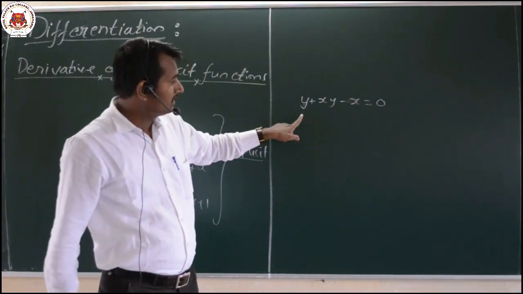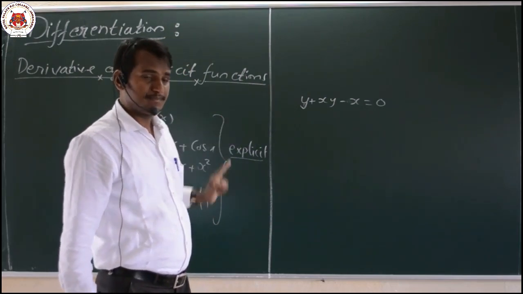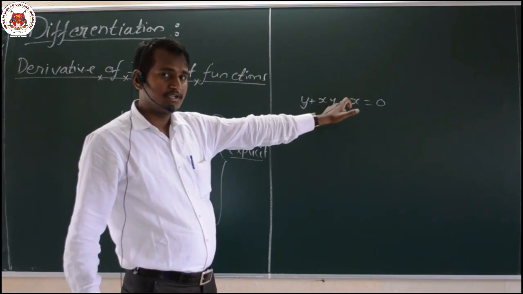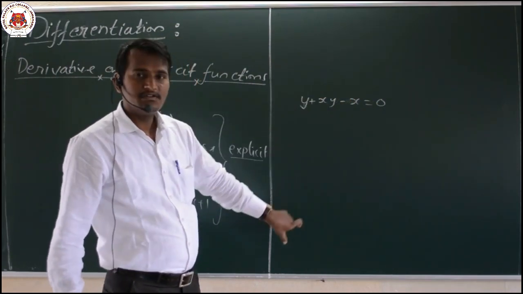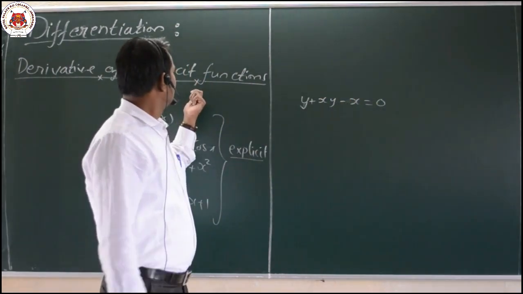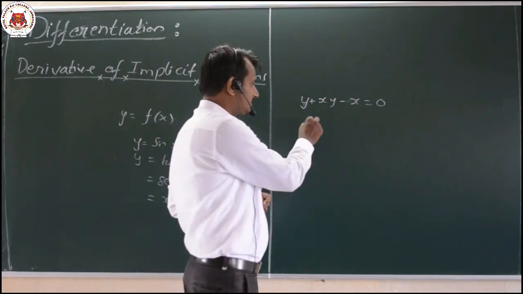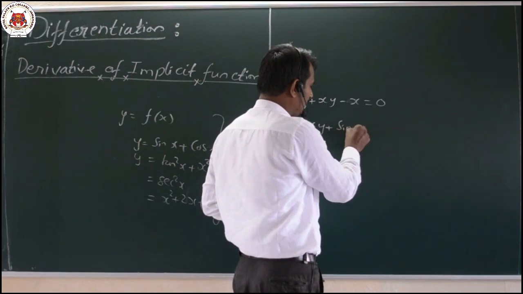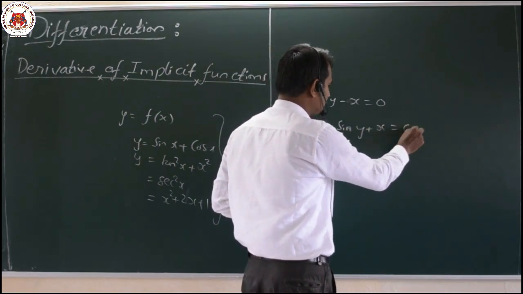Of course this particular problem can be rewritten as explicit. How? Taking y common and then you can solve it. That way also you can solve it, or else directly by making use of implicit functions. For example, here you can write xy plus sine of y plus x equal to 0.